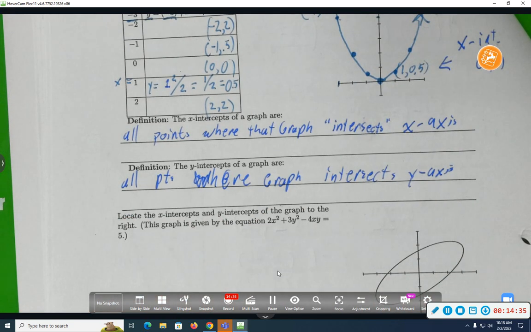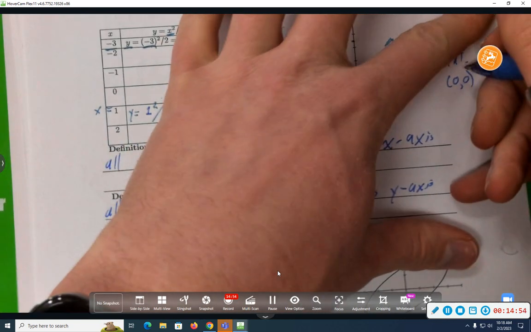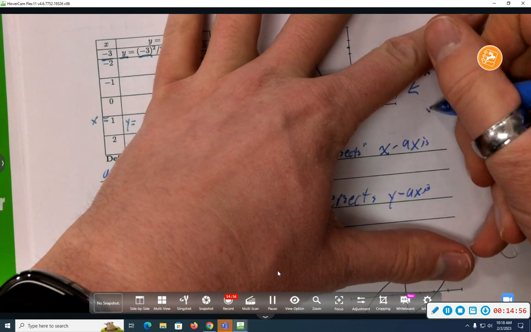So, same question: this thing that we just graphed, where is its y-intercept? Yeah. Still the origin. The x-intercept and y-intercept can be the same. If they are, then it's the origin, because that's the only place where the x-axis and y-axis cross.